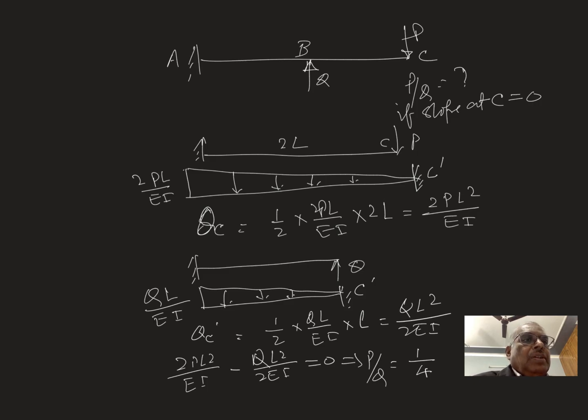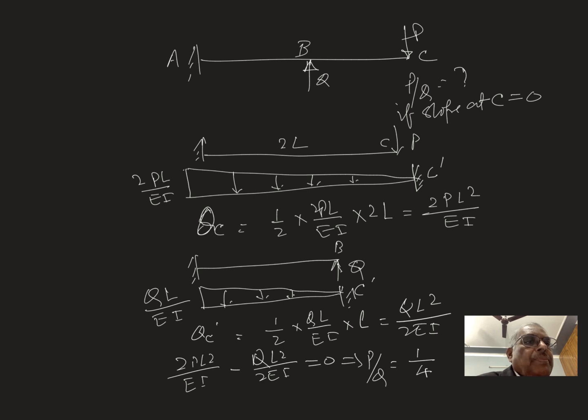Similarly, I am using the Q here, so here also we can find the slope, which will be the area of this. The same slope will continue to C dash.